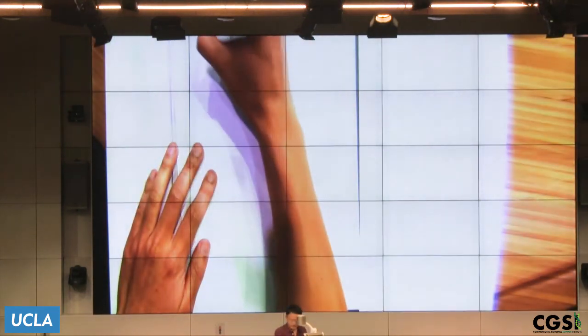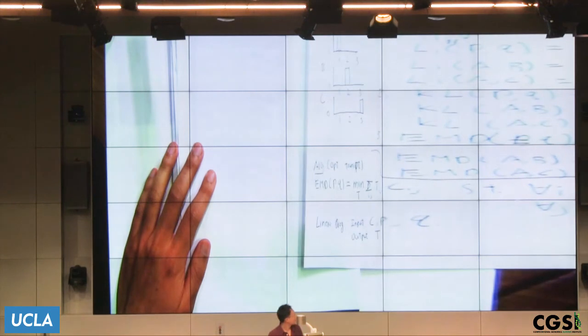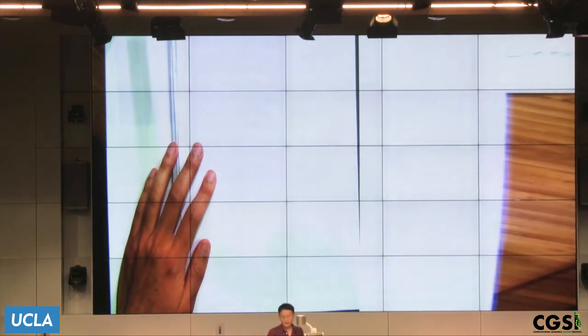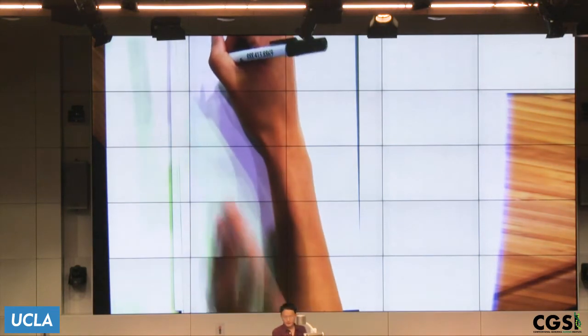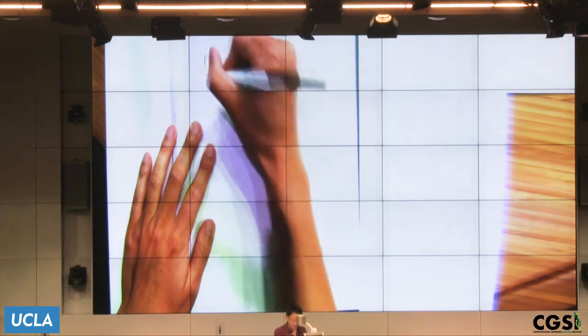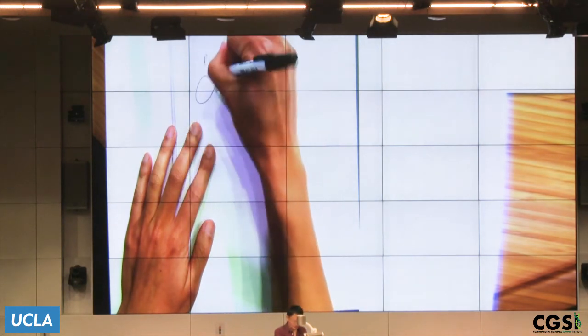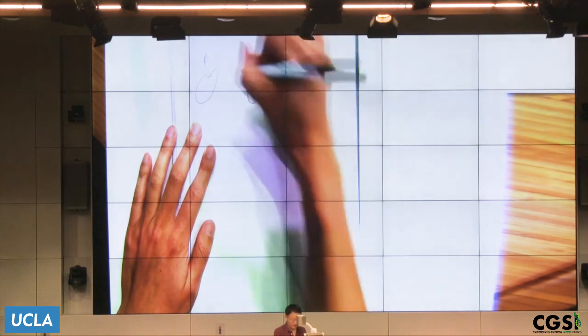Okay, so just on the side, I'll draw the picture again. If you didn't remember all the details, the picture to keep in mind is that you have some distribution P, and you have some other distribution Q, right?